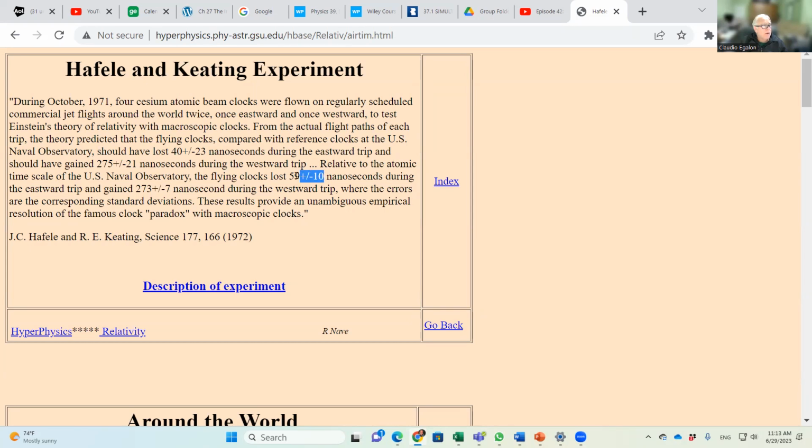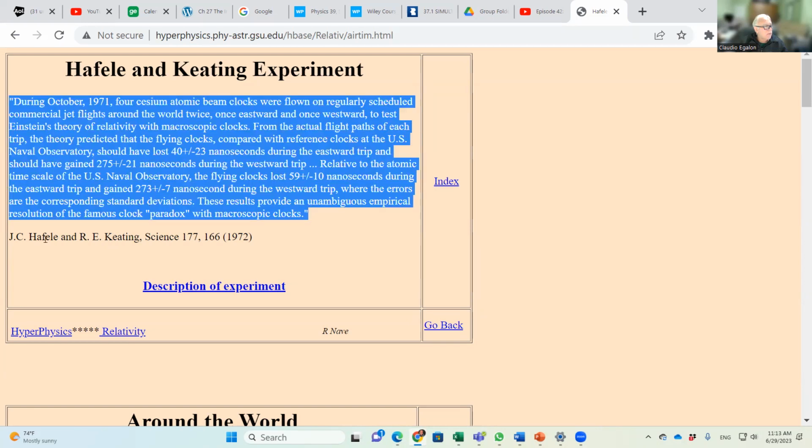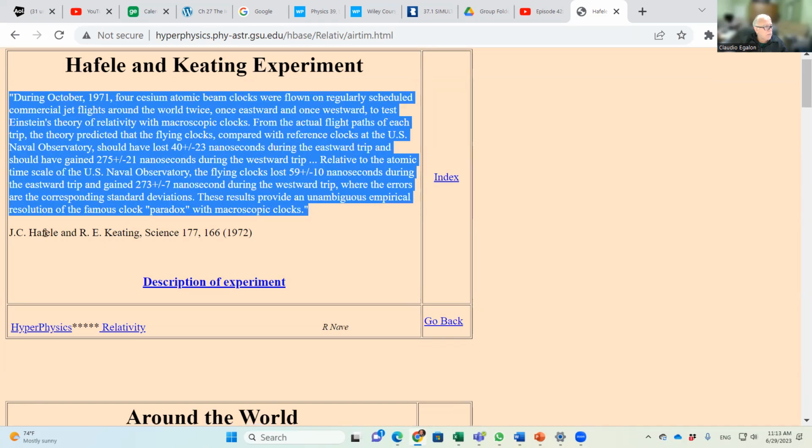The standard deviation is pretty high for this one. It's not that high for this one. That's like 3%, but this one is very high. I'm surprised, it looks like 15%. These results provide the unambiguous empirical resolution of the famous clock paradox with macroscopic clocks, right?